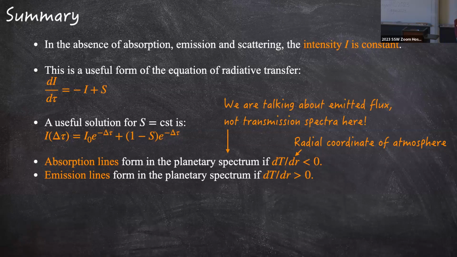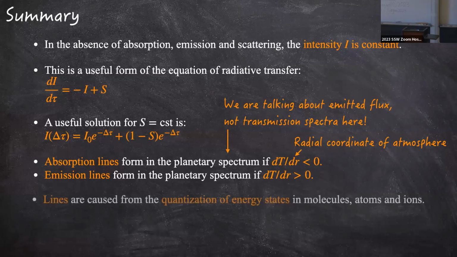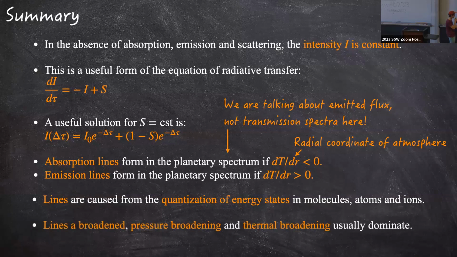This will be talked about later, because in transmission spectra, the planet is blocking the stellar light. So independent of the temperature gradient of the atmosphere, we'll always see absorption lines, just because the star is so much hotter, we can neglect the emission of light at optical or stellar wavelengths. All right. Lines are caused by the quantization of energy states in molecules, atoms, and ions, and they are broadened, and pressure broadening and thermal broadening dominate.